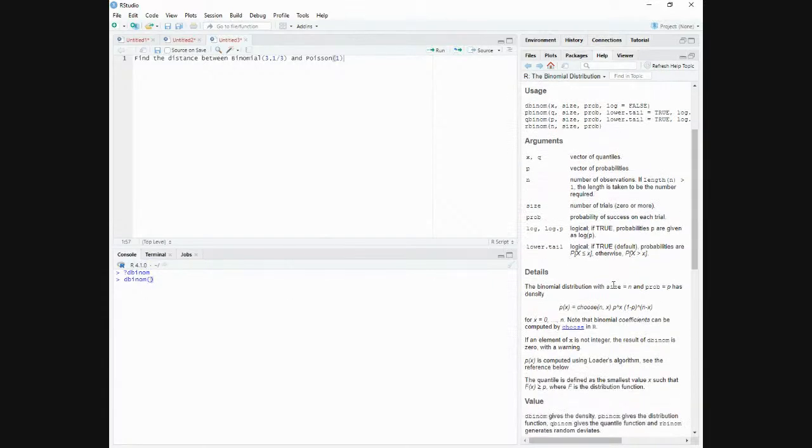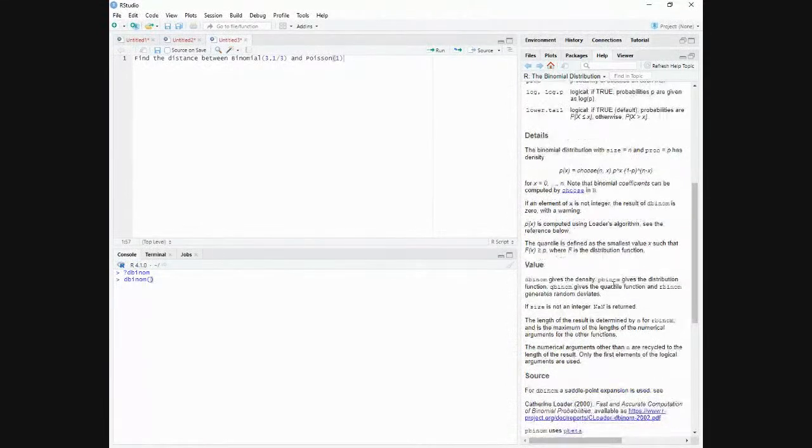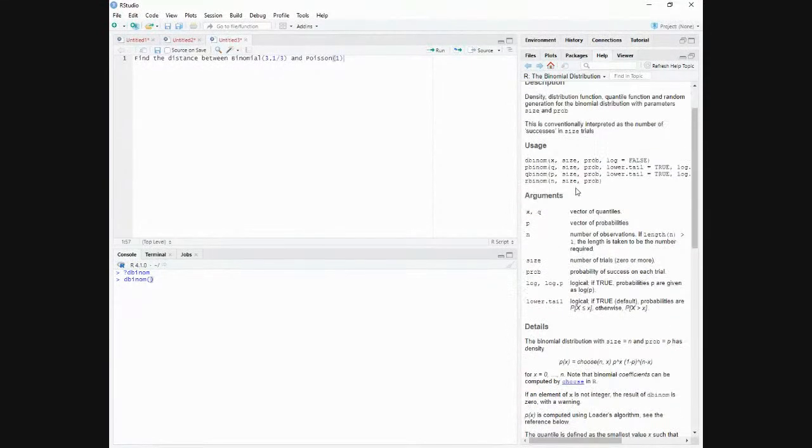Am I doing it correctly? Just give me a minute. Yes, dbinom of x. Say x is equal to 1, and size is n, binomial n comma p. So here it is 3 and 1 by 3.